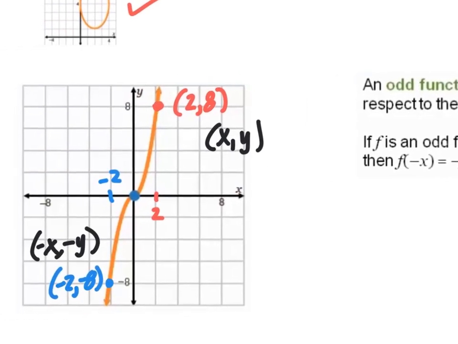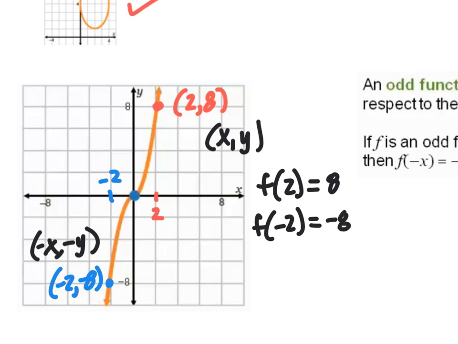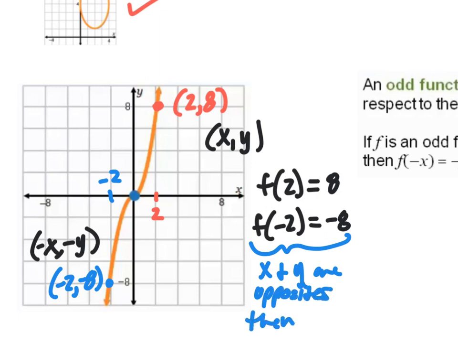And before I do anything, let me do this, okay? On this function, when I plugged in positive 2, I got positive 8 as a result. If I plugged in negative 2 into this function, I got negative 8, okay? So if x and y are opposites, then the function is odd.